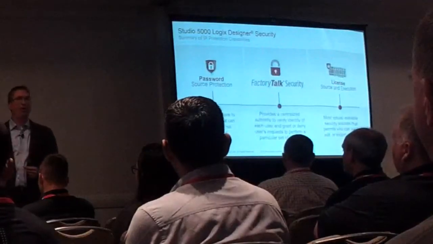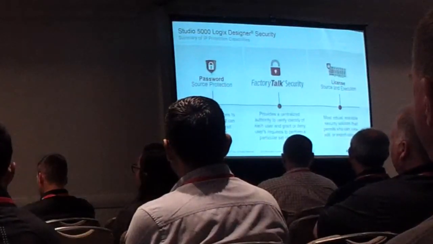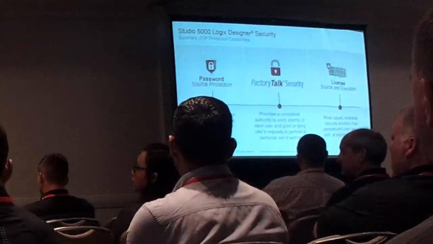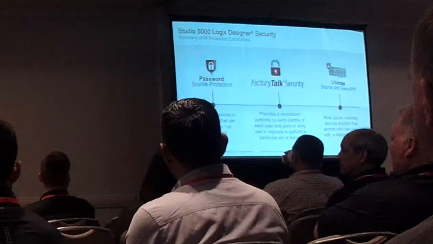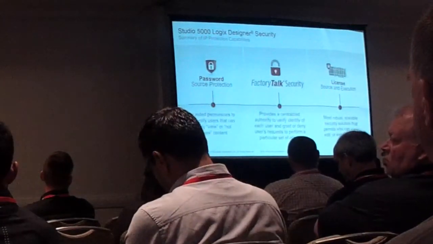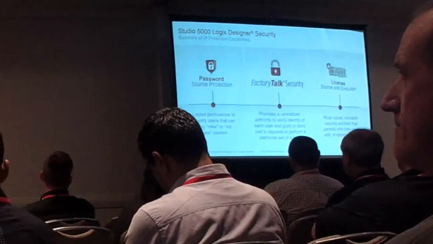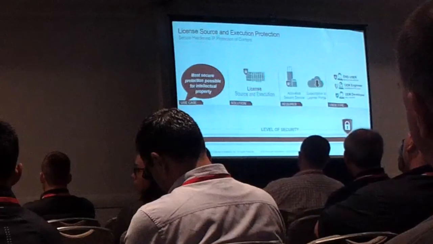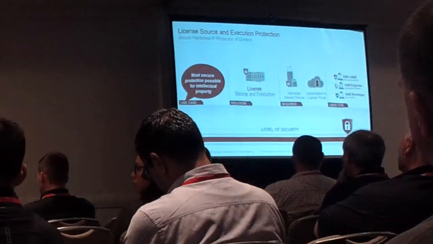It may then go all the way to the right hand of this slide, which is around critical protection of intellectual property. If you have an algorithm, if you have a function that is just core to your existence, and you want to protect that intellectual property, new capabilities and logic have been built in to provide that functionality. We now have a capability for license-based source protection.